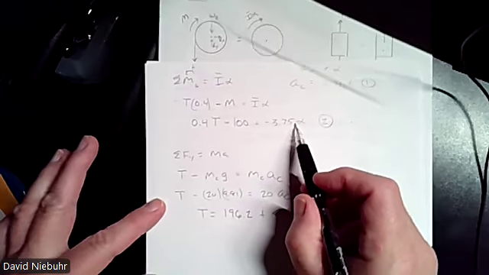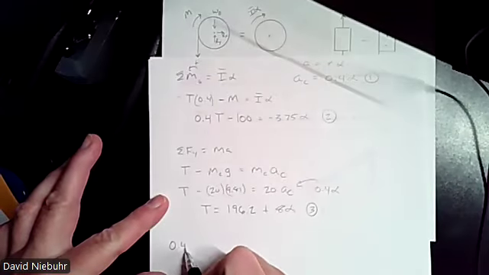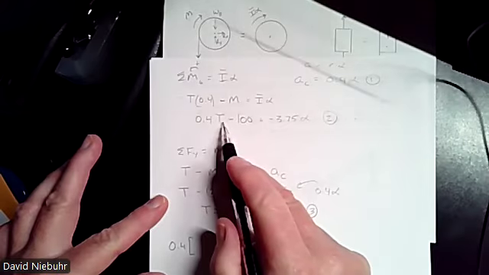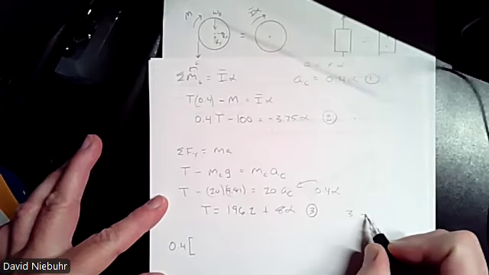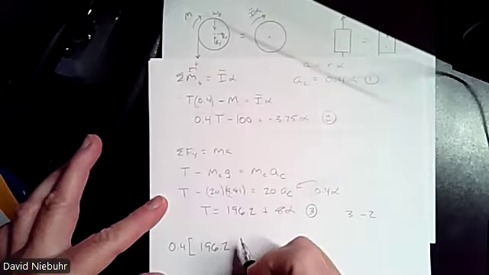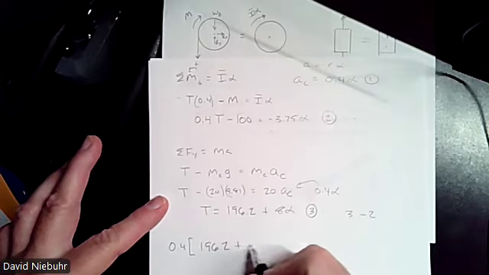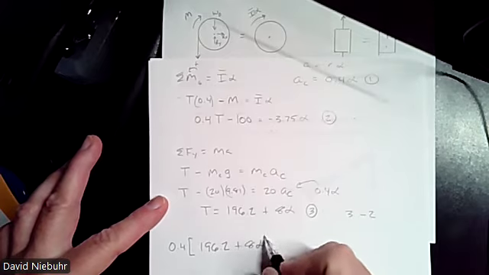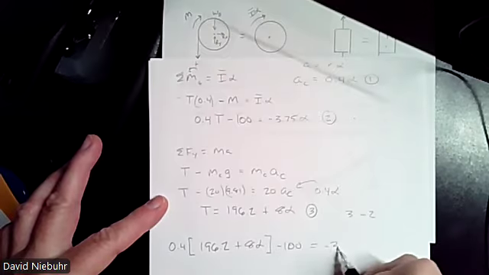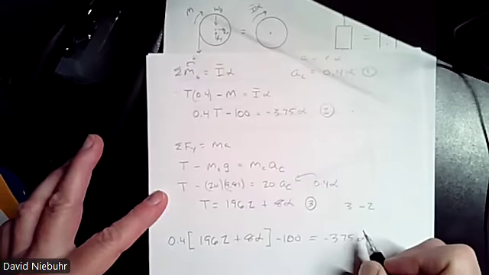So if I write that out, plugging equation 3 into 2, I get 0.4 times (196.2 plus 8 alpha) minus 100 equals negative 3.75 alpha.